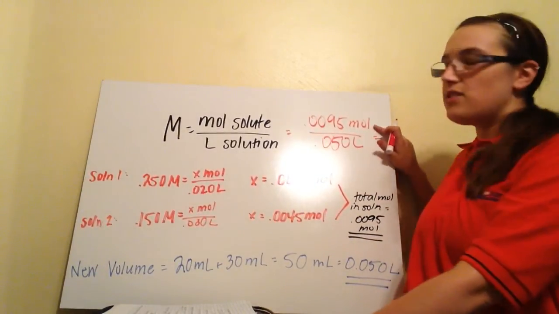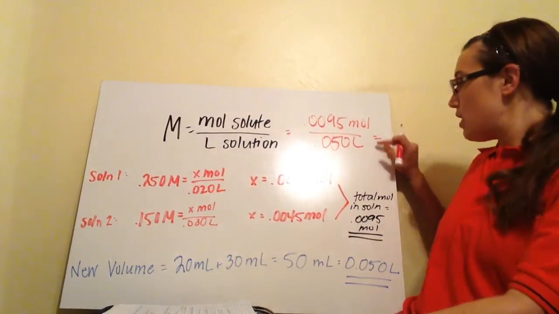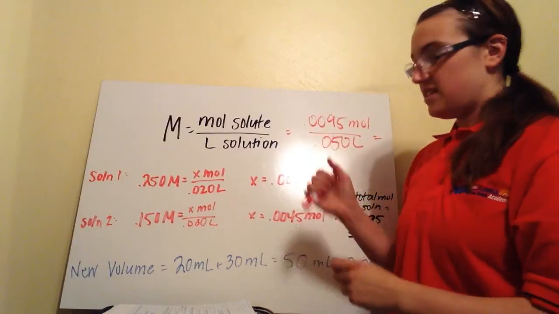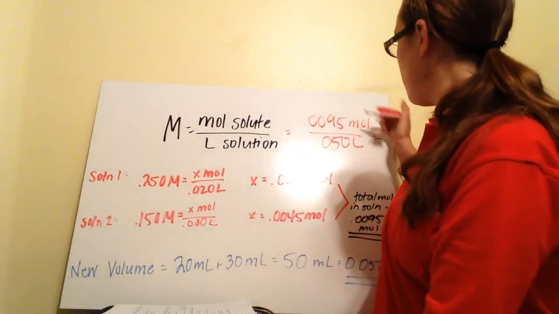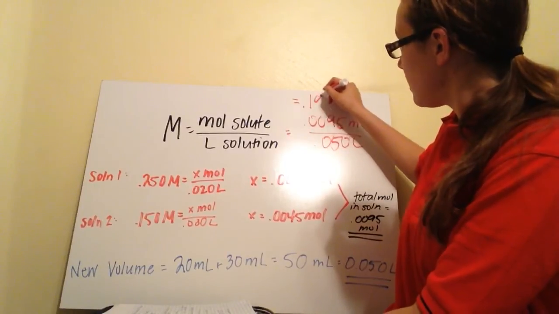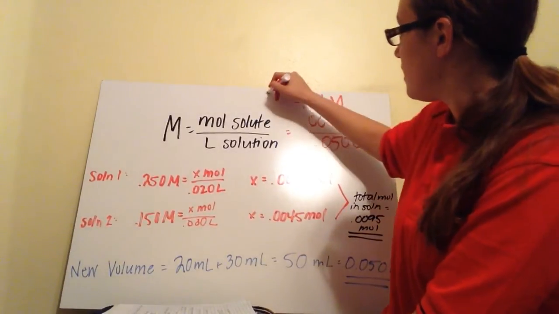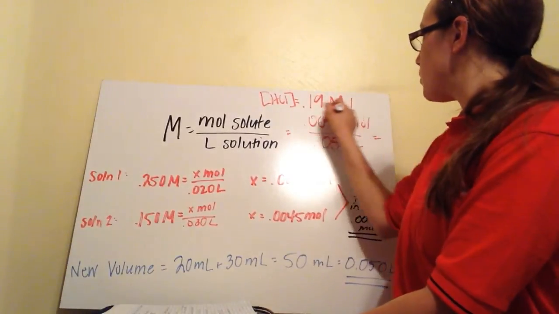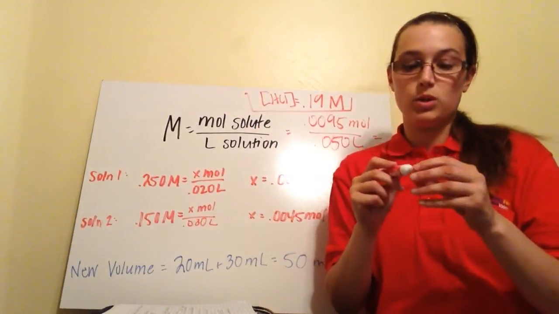So now I have our new value for moles, our new value for liters, and what we can do is divide the two. And when we divide the two, I'll write it up here at the top, we find that our new concentration of the HCl solution is 0.19 molar.